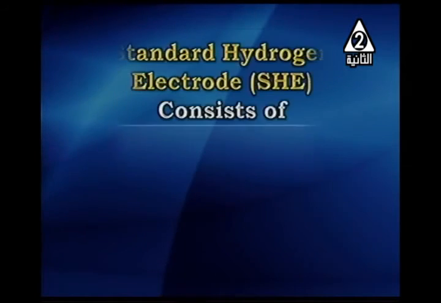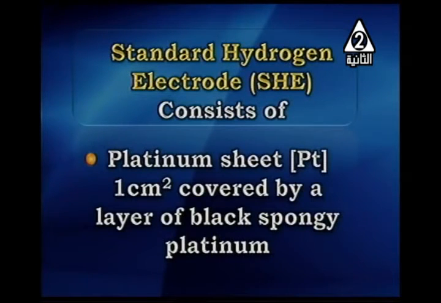After that, the standard hydrogen electrode consists of, this is the formation of each one of these. So platinum sheet, it's 1 centimeter square, covered by a layer of black spongy platinum. Black spongy platinum, it means a layer that is found on the platinum to what?